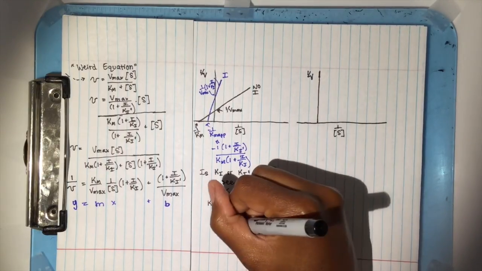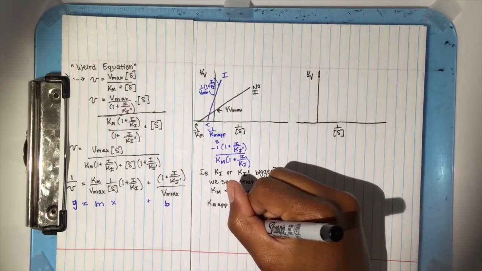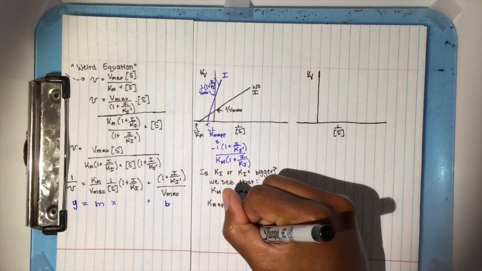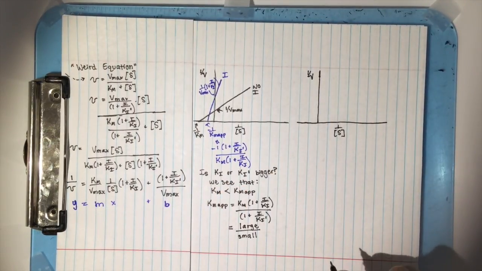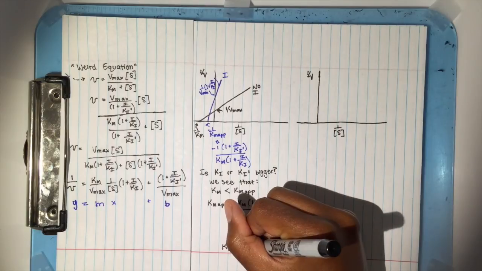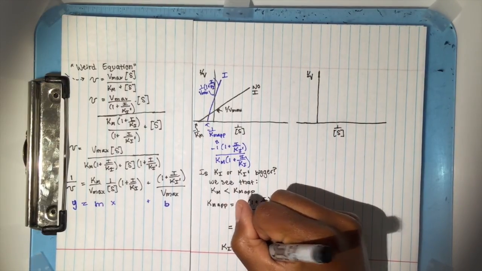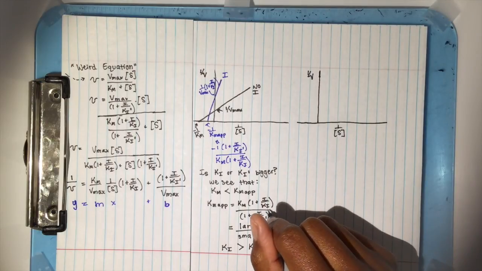So in order to have a large Kmap, you have to have a large numerator and this small denominator so that Kmap in the end is large. And this only happens when Ki prime is greater than Ki.